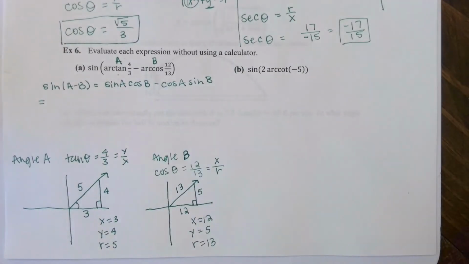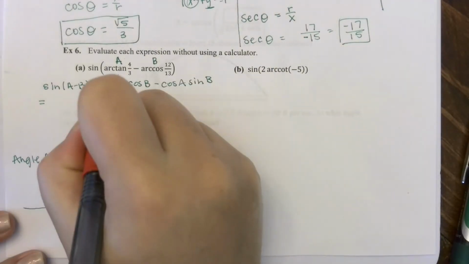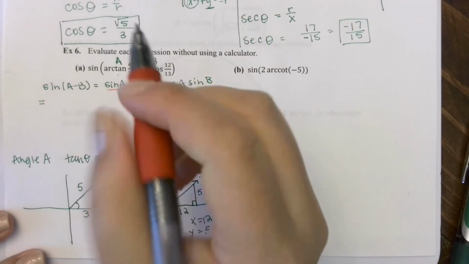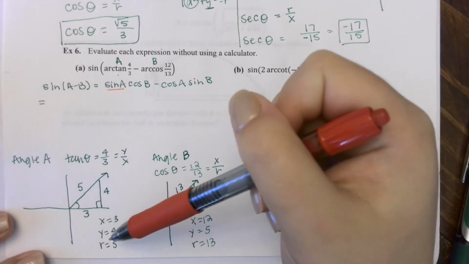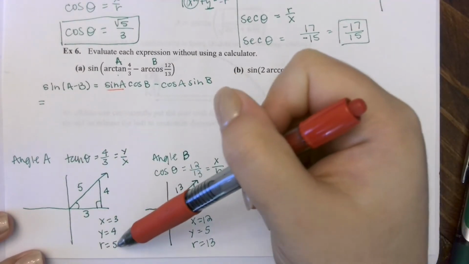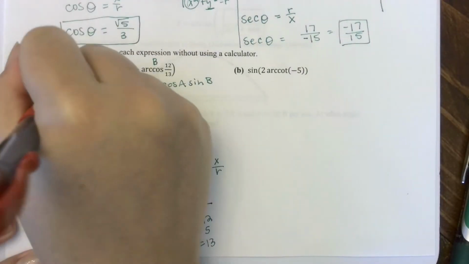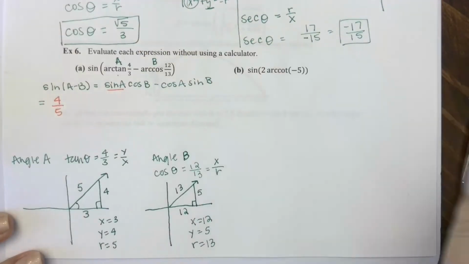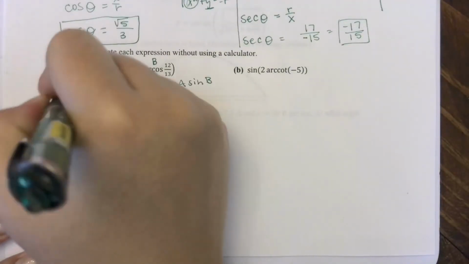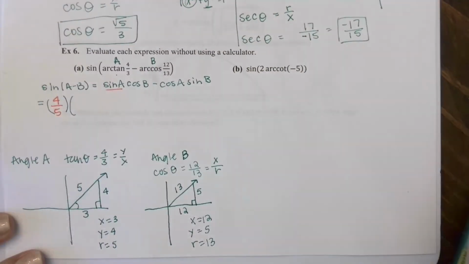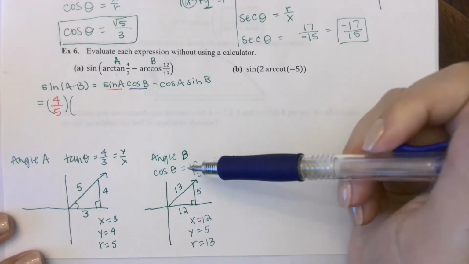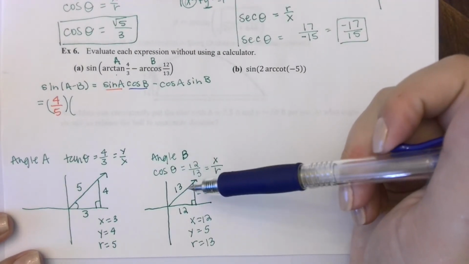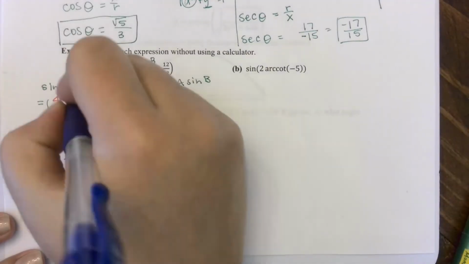Okay, so then we want to plug in. So sine A would be angle A over here, so y over r. So that would be 4 over 5. Then I have cosine B. So cosine B is going to come from angle B. So cosine is x over r, and that gives me 12 over 13.